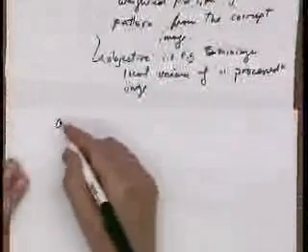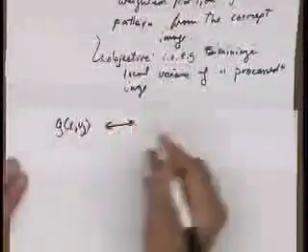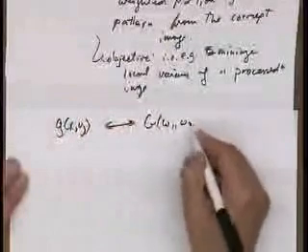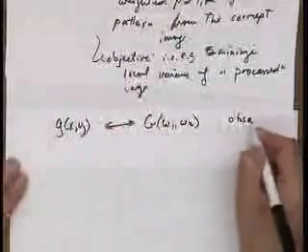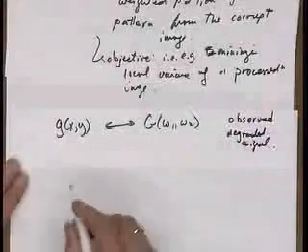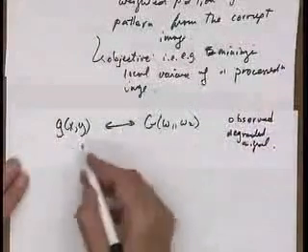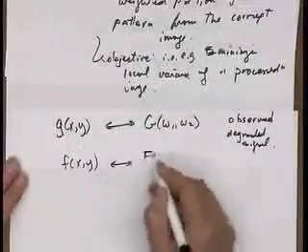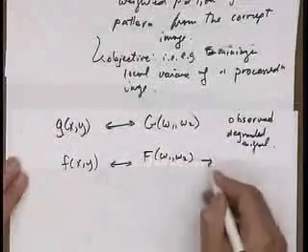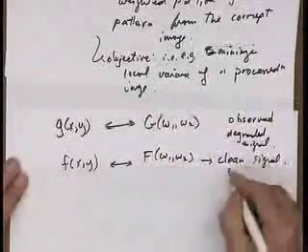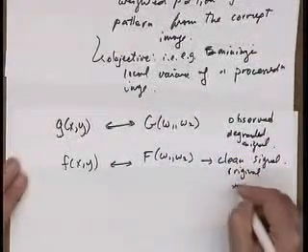We call g of x comma y, which has the Fourier transform G of omega 1 and omega 2, our observed, degraded signal. Then f of x comma y, which corresponds to F of omega 1 and omega 2, is the clean signal that we wish we had, the original or undegraded one.